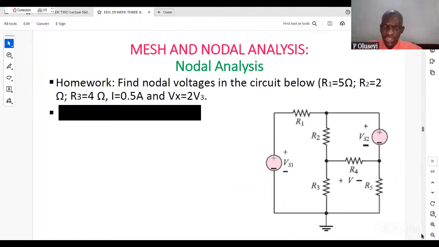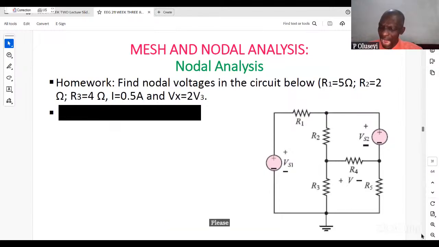That's number 2. Number 3 is this. Find nodal voltages. The voltages are the non-reference nodes. I have given you R1, R2, R3. Oh, I didn't give you R4 and R5. Let your R5 and R4 be equal to 10 ohms.